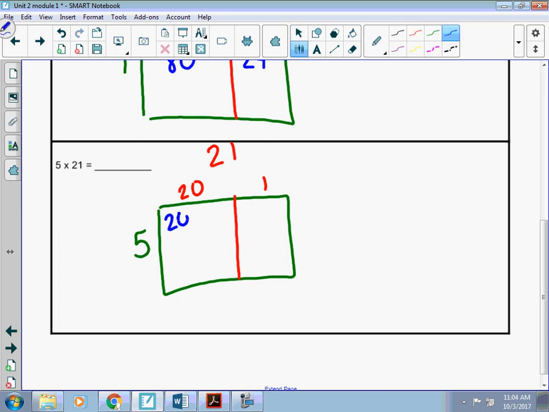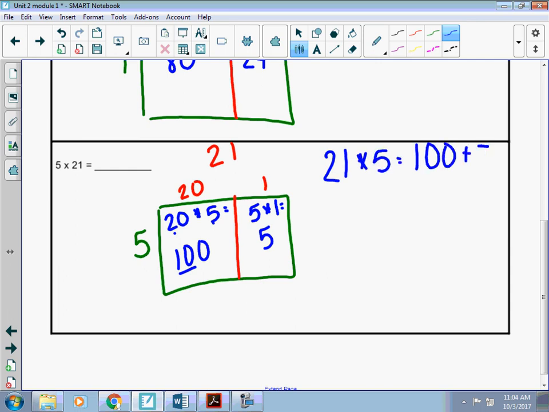I'm going to have 20 times 5, which is 100, because 2 times 5 is 10, and then my 0. And in my second box, I'm going to have 5 times 1 is 5. So to multiply 21 times 5, I can do 100 plus 5, which is 105.